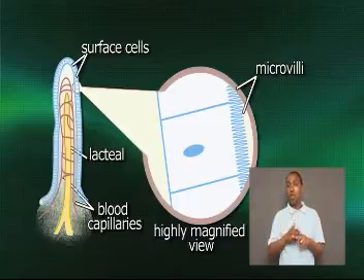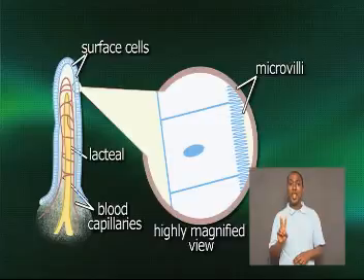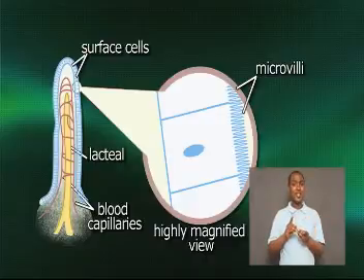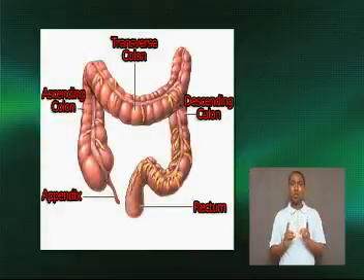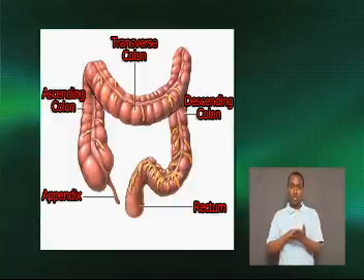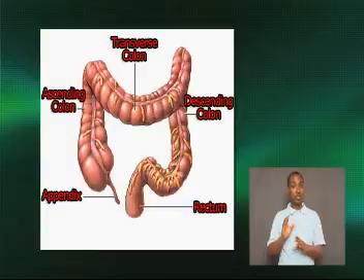Villi have a rich blood supply that transports the digested food molecules and maintains diffusion. Once the food molecules have completed their journey through the small intestine, digestion is complete.